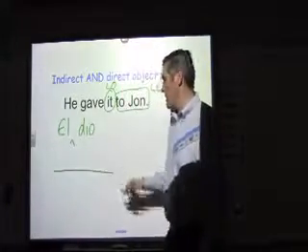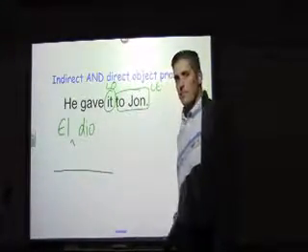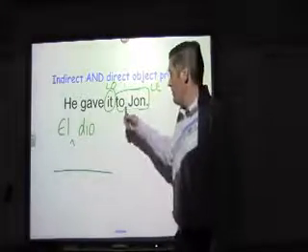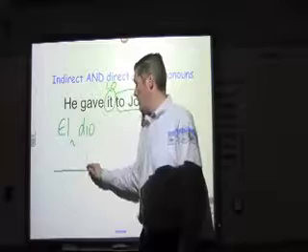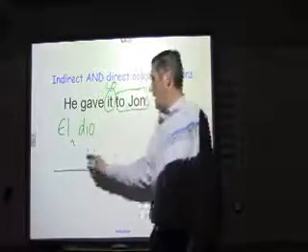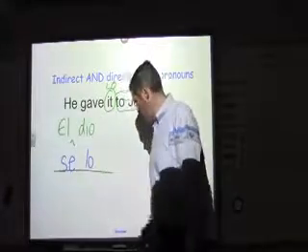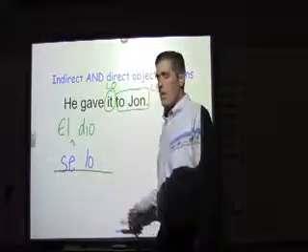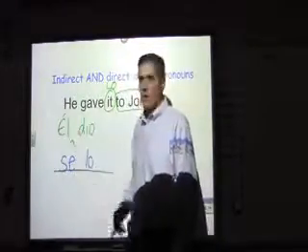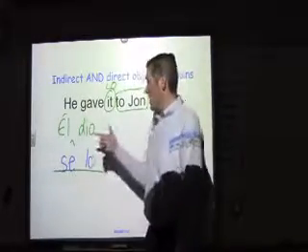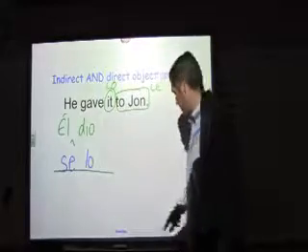What are we going to put in the blanks? Okay, hopefully you saw the lo comes second, le comes first, except it changes to se. Él se lo dio. And a little side note, capital letters don't need an accent. I like to do them when they're handwritten. I always put accents. Él se lo dio.